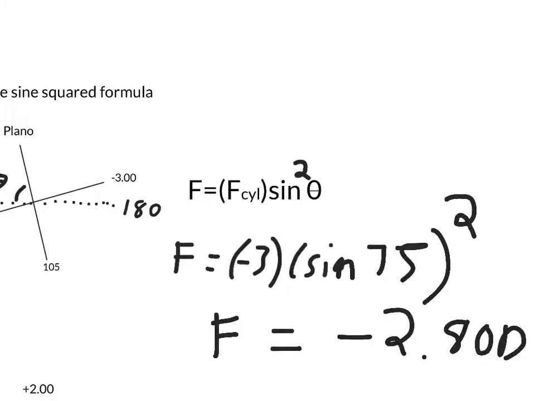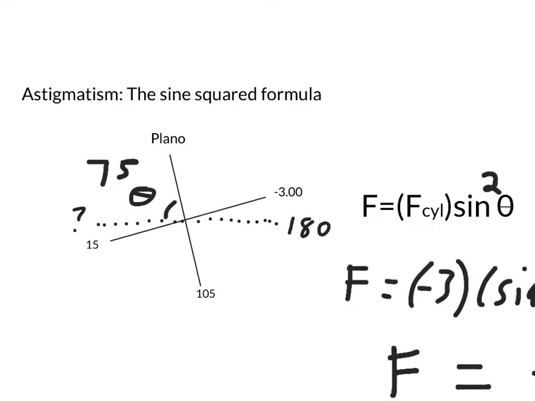There you have it. So you can calculate the power of the 180 degree meridian, and the power would be minus 2.80 diopters. Notice that since the 180 degree meridian is closer to -3, the value of this meridian is closer to -3.